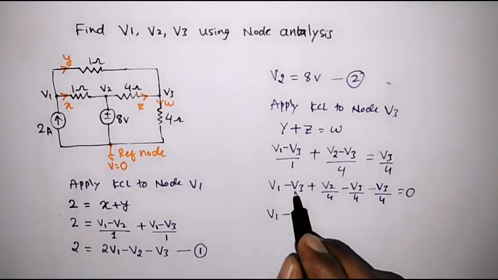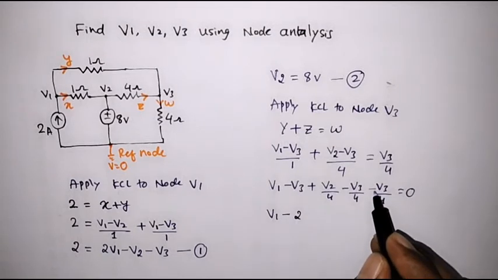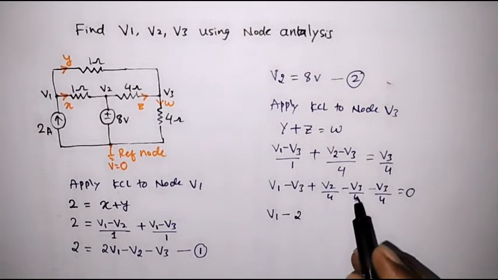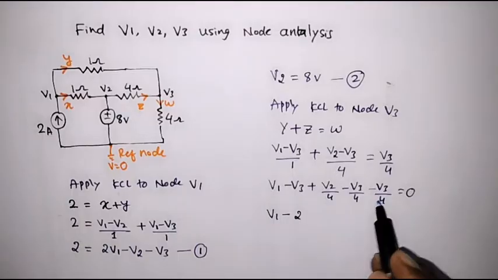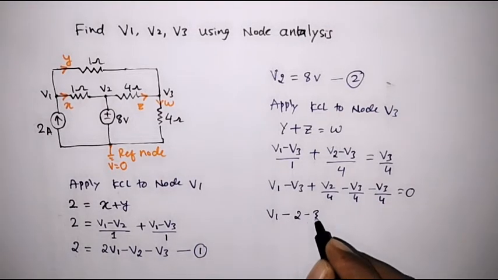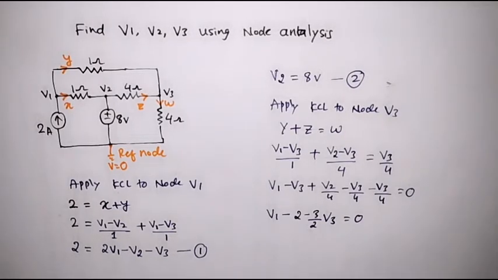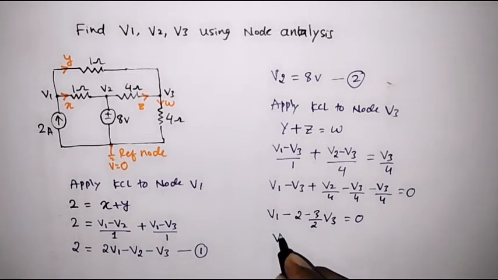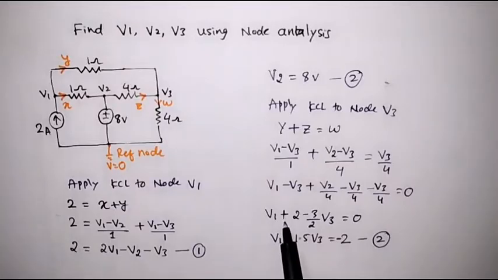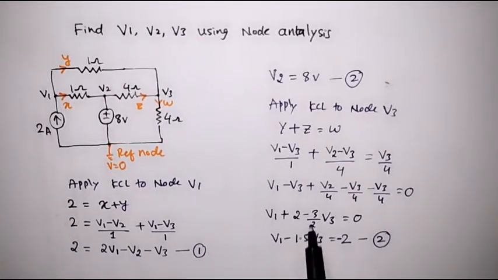So here we have minus 1 minus 1 by 4 minus 1 by 4 V3, that is minus 3 by 2 V3, which is equal to 0. I can rewrite it as V1 minus 1.5 V3 plus 2 equals 0. Therefore V1 minus 1.5 V3 is equal to minus 2. We'll call it equation number 3.